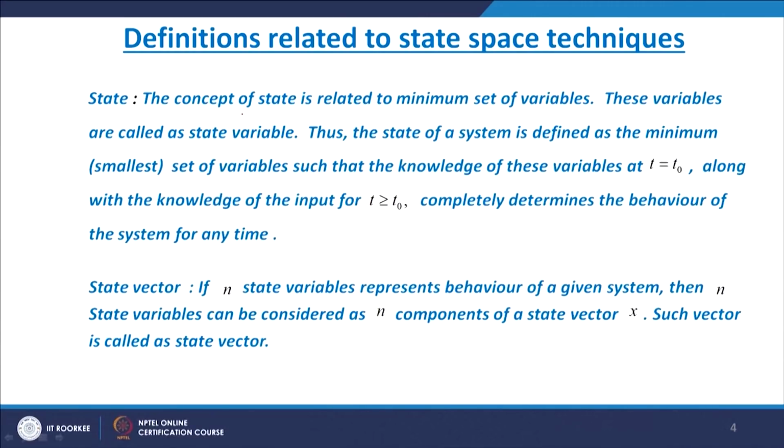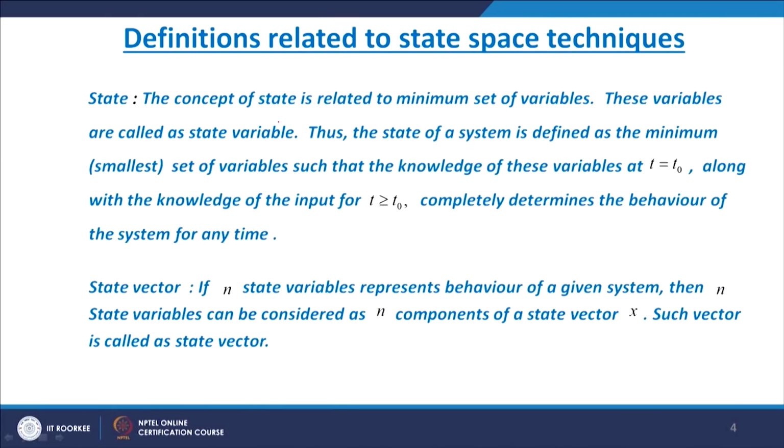So x1, x2, up to xn are present in terms of a vector, which is called the state vector. Let me read the definition properly. How do we define the state? The concept of state is related to a minimum set of variables; I have told you that your variables should be minimum, not more. These variables are called state variables.